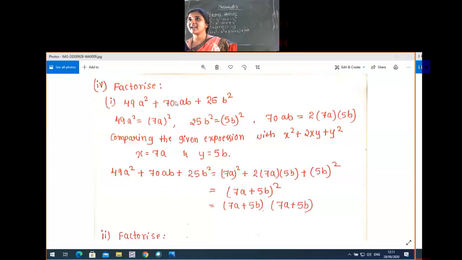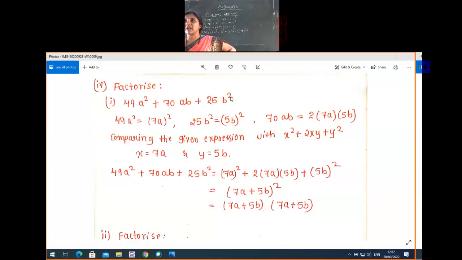See 49, 25. Looking at the numbers only, you can say that they are square numbers. So 49a square, how can we write 49a square? That is 7a whole square. Square root of 49 is 7. So we can write 49a square in the form of 7a whole square.